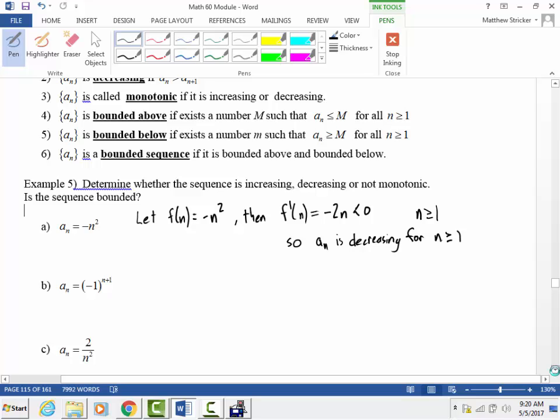However, it was bounded, right? It's bounded above and below, and if it's bounded above and below, we say it is a bounded sequence. So this one is not increasing or decreasing.